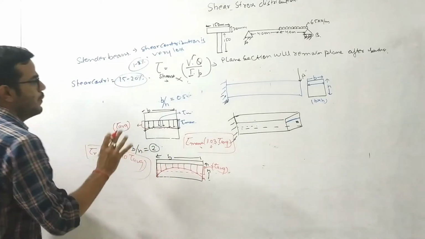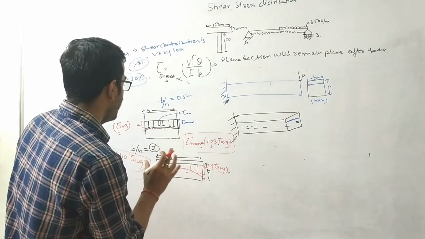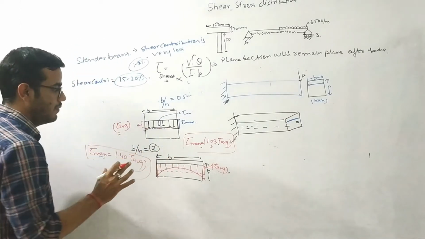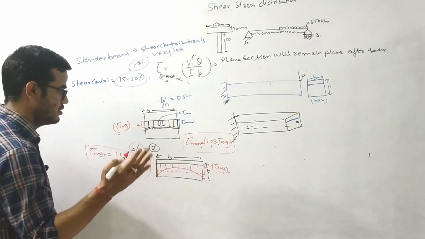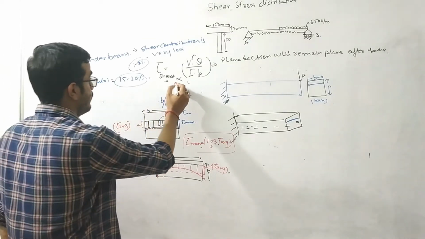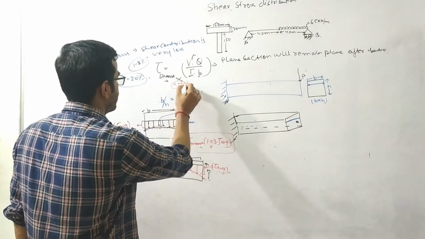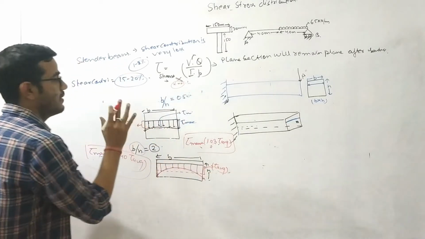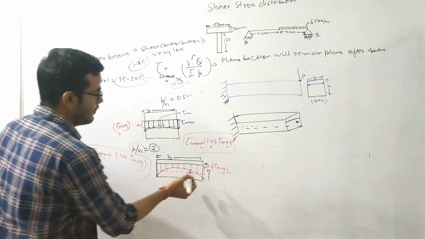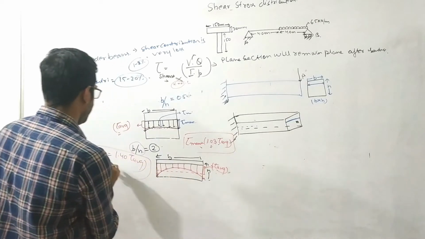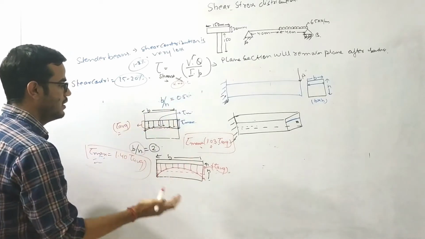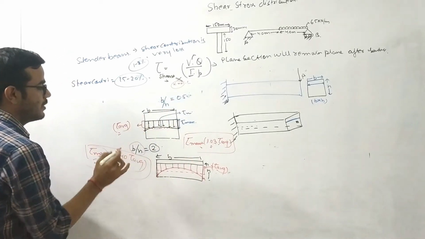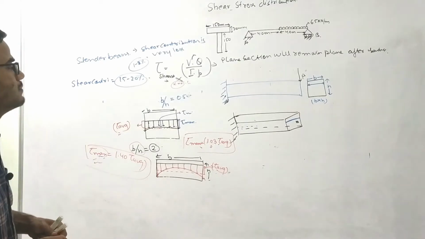When the B by H ratio becomes larger and larger, this formula will give you some wrong results, or you can say the results are not reliable, because the difference between tau average and tau max is much larger. As the B by H value increases, the difference between tau max and tau average also increases.